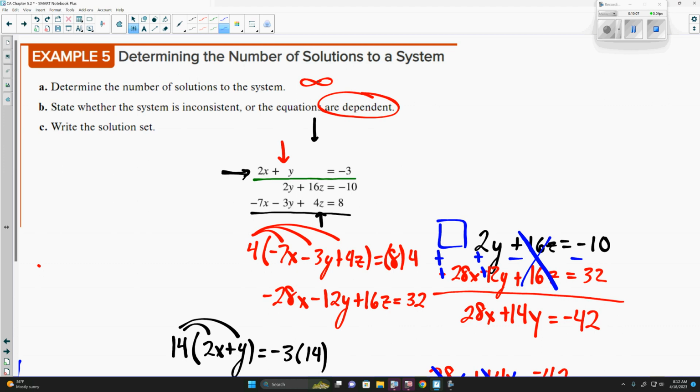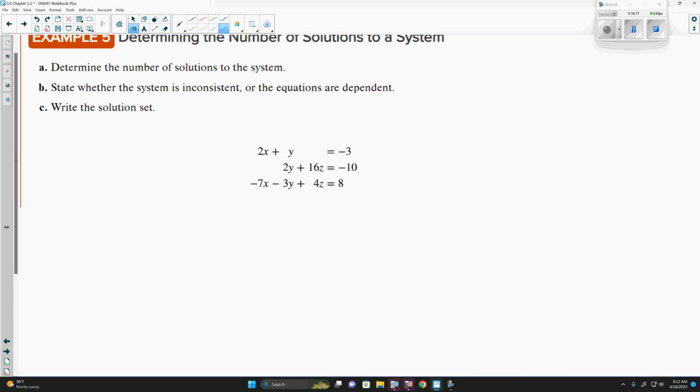Okay. So there's an infinitely many number of solutions. Now, there is a set way that we can write these.